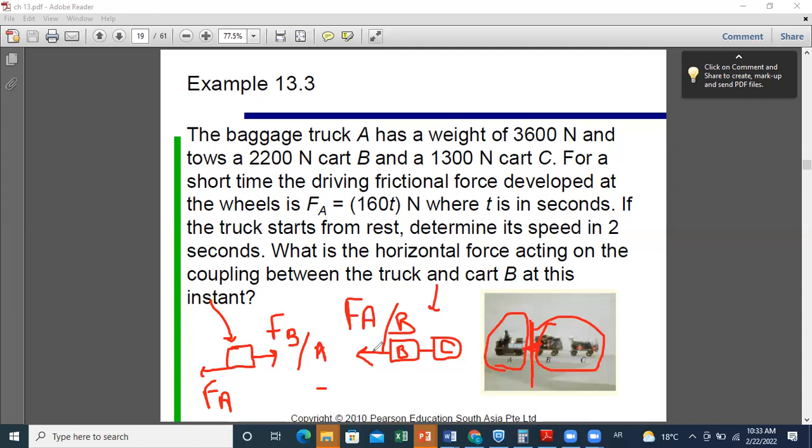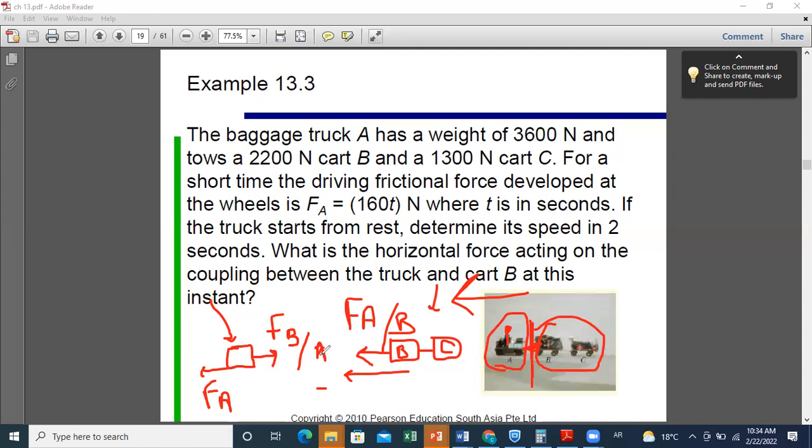Because the system is moving towards the left, A is pulling on B plus C towards the left, so by action reaction B plus C is doing a force on A towards the right. Okay, now it's clear. Yes, thank you.